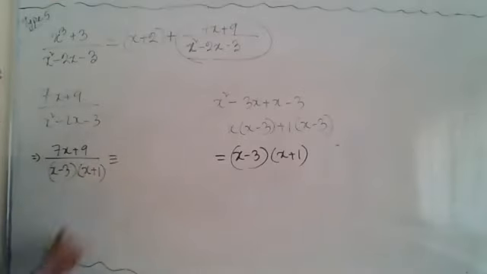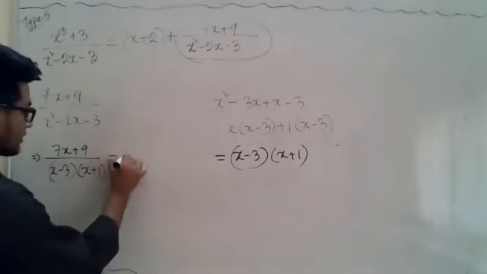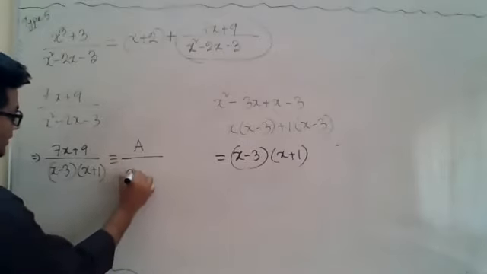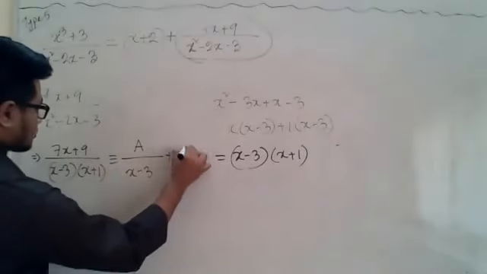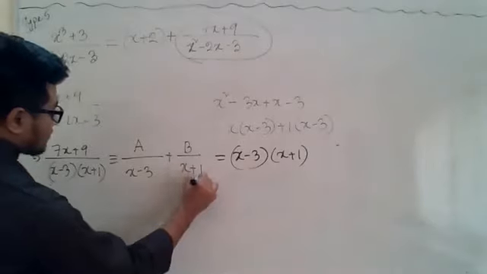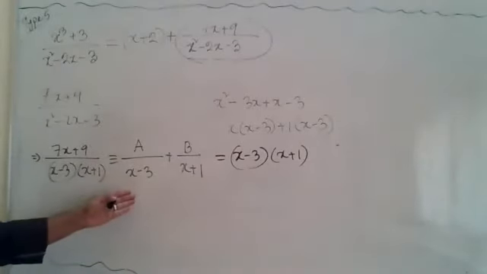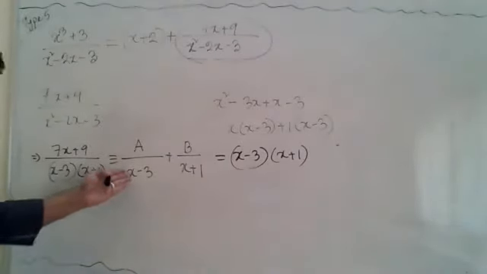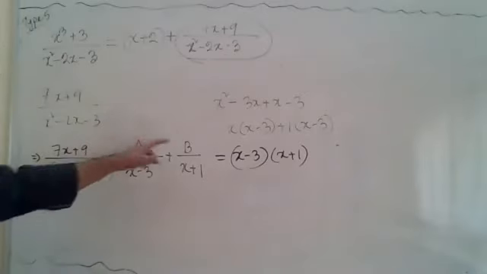Now we can write it in the identity form, right? What will it be? A by x minus 3 plus b by x plus 1, okay? Then it is type 1, okay? So you can do the rest, find the value of a and b.